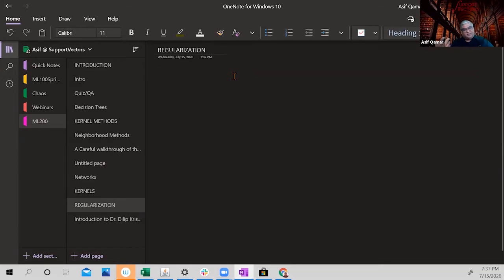Then the radial basis function works for a vast class of problems. When you use RBF, you're actually talking of infinite dimensional spaces. The infinite dimensional space is so rich that you're pretty much guaranteed a linear decision boundary, more or less, a very high probability that you'll solve the problem. So you don't worry about that. You take these kernels and go.